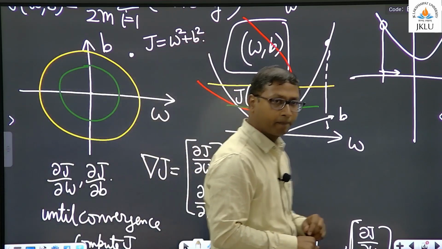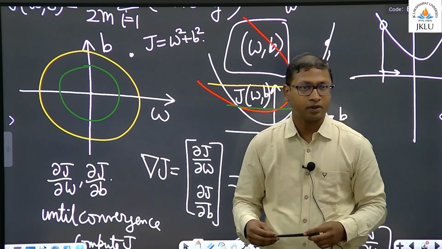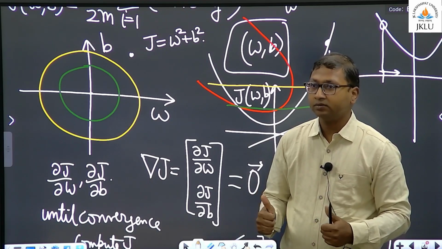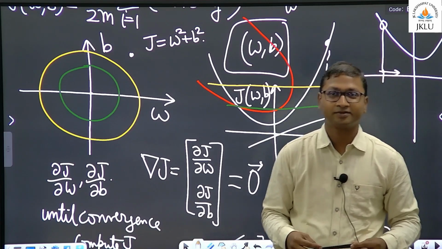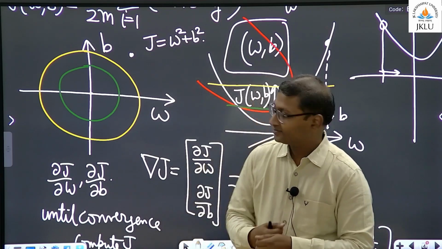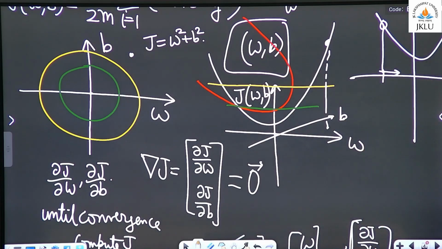What is this? Circle? How many of you say so? W and B both are independent variables, they can take any value from minus infinity to plus infinity.